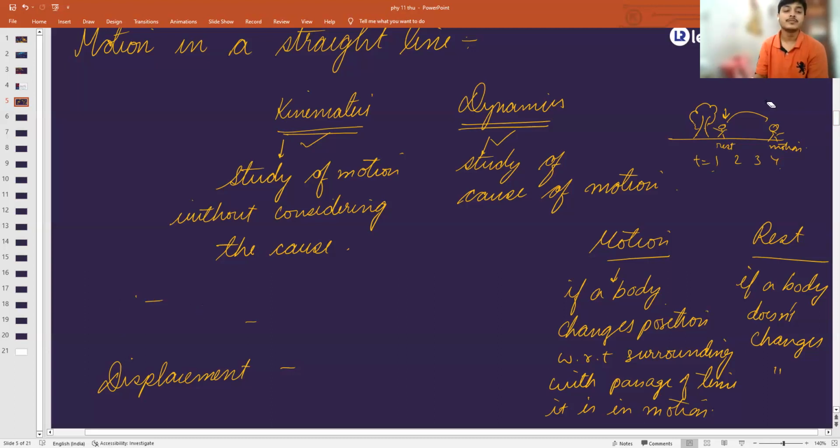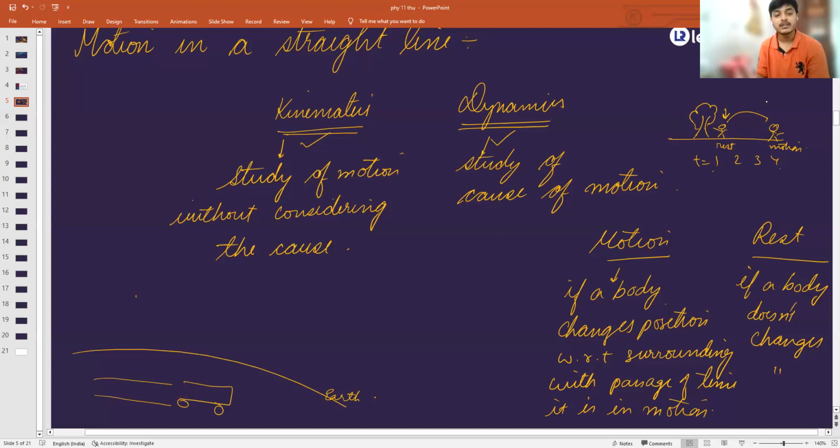For example, this is the earth. On earth we have a road, and on the road we have a bus. In the bus we have people. This is person A. Let me draw it bigger. Person A is in the bus. Person B is in the bus.